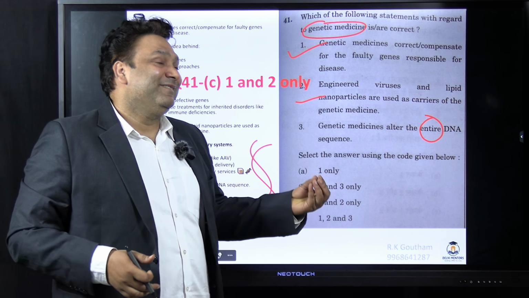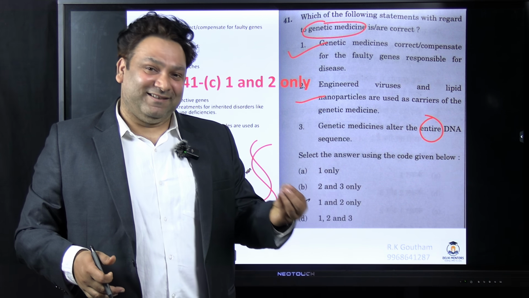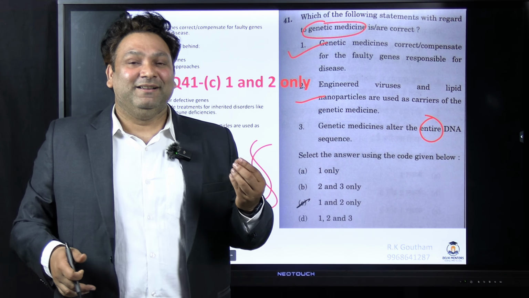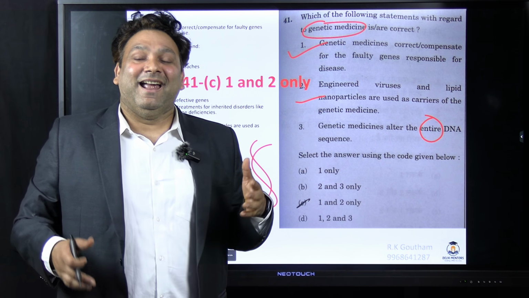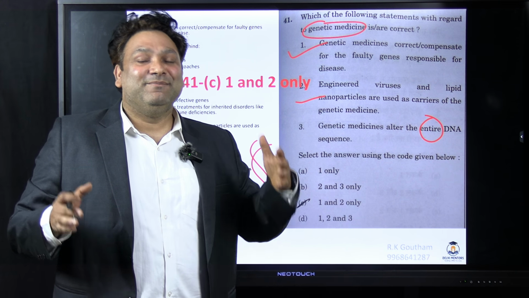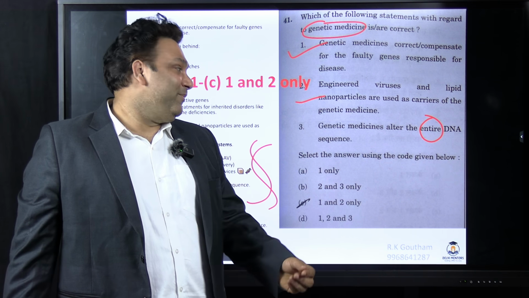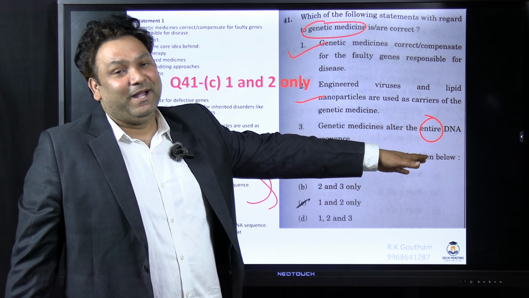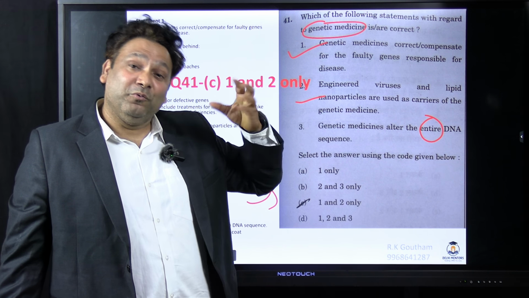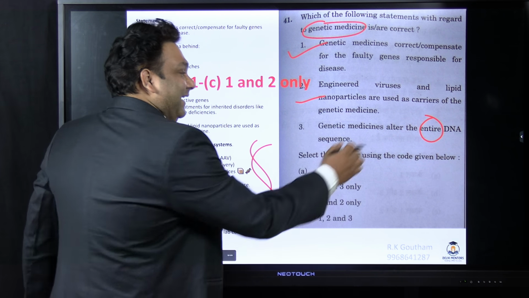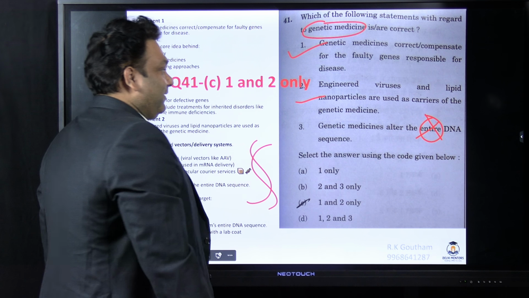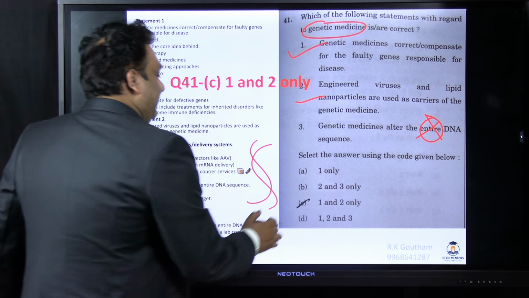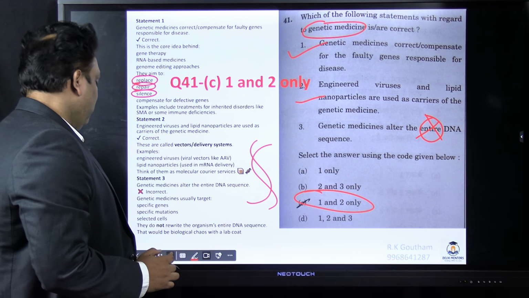In fact, ओके, चिंपैंजी और, ओके, और होमो सेपियन के बीच में ना, there is a lot of similarity. 97 to 98% ऑफ द जीन मैच होता है. अगर आप एंटायर जीनोम सीक्वेंस को, ओके, डीएनए को चेंज करने की कोशिश करोगे, आप आदमी से और कुछ ही बन जाओगे. So again, entire is the word here. This is a wrong statement. So the answer is 1 and 2.